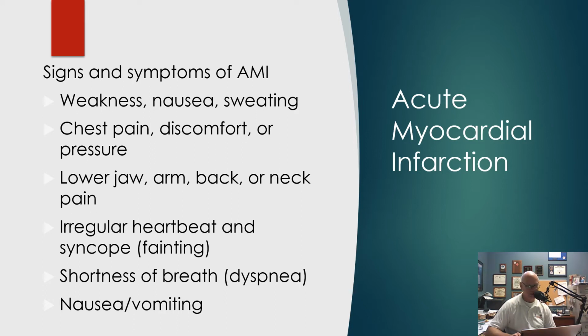But when it's a crushing or a heaviness, we're looking at an MI. They could have an irregular heartbeat. They could have syncope with these, and then shortness of breath, usually not associated with their position or pain that changes. Then it might be something else. And then nausea and vomiting goes with an AMI too.